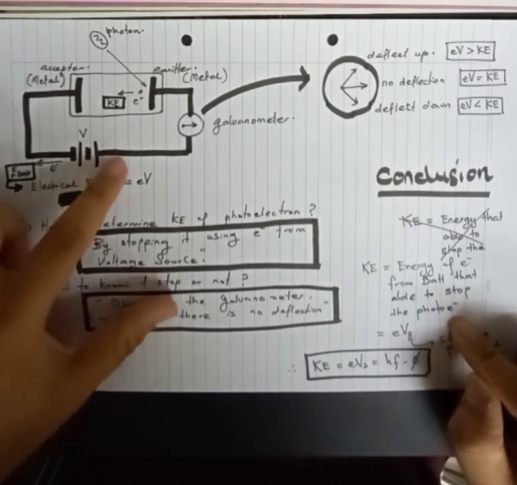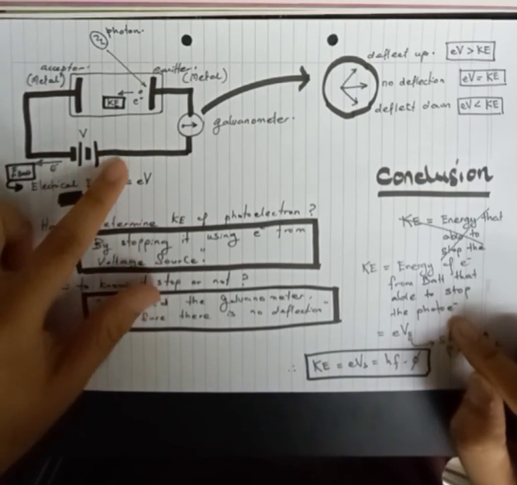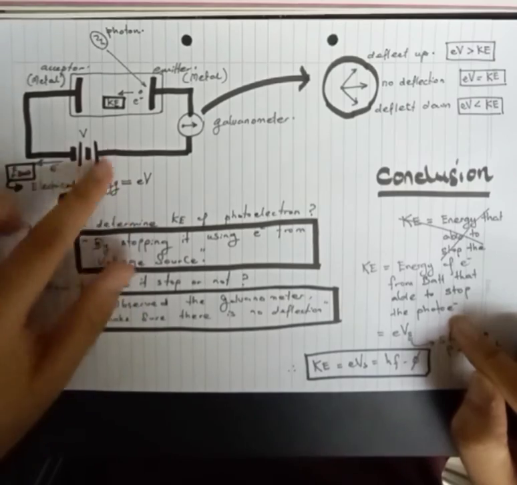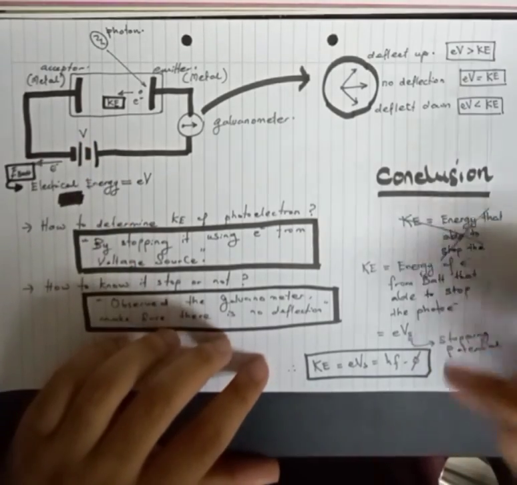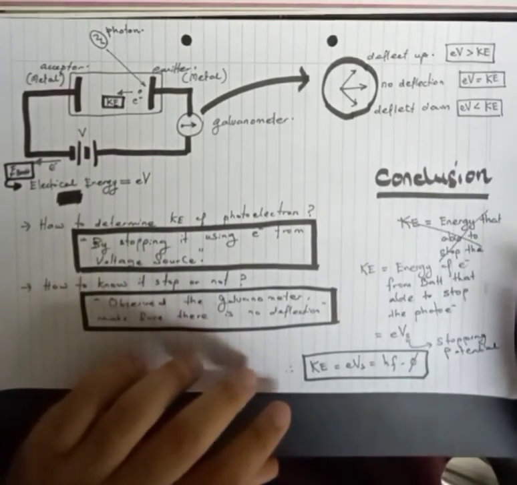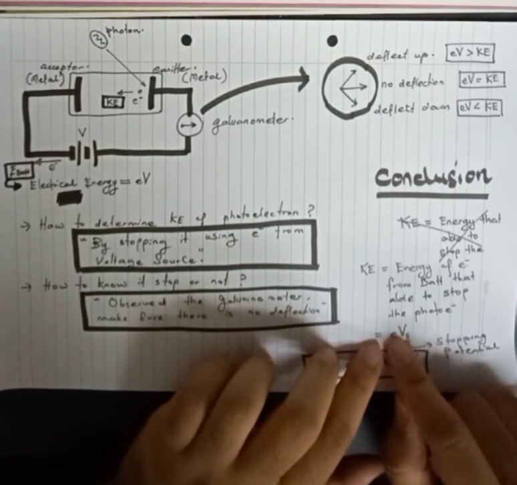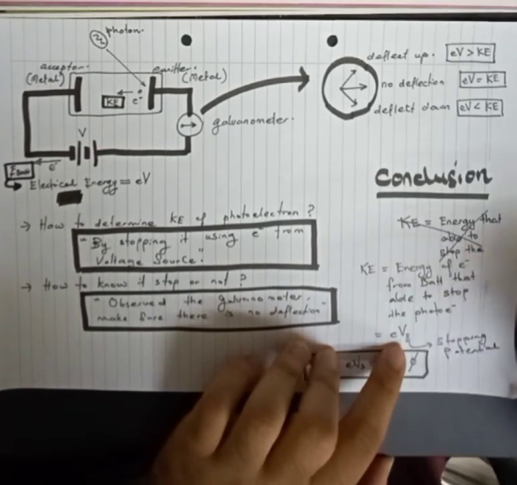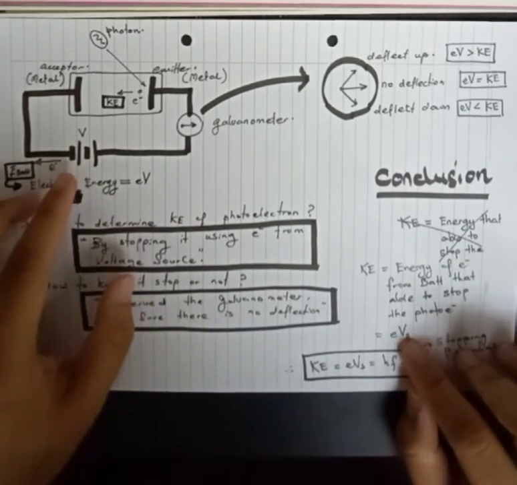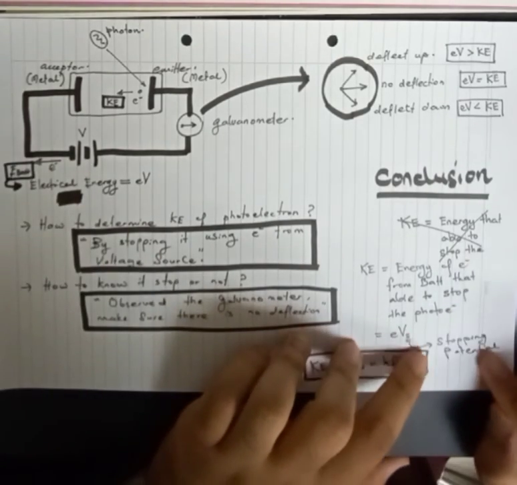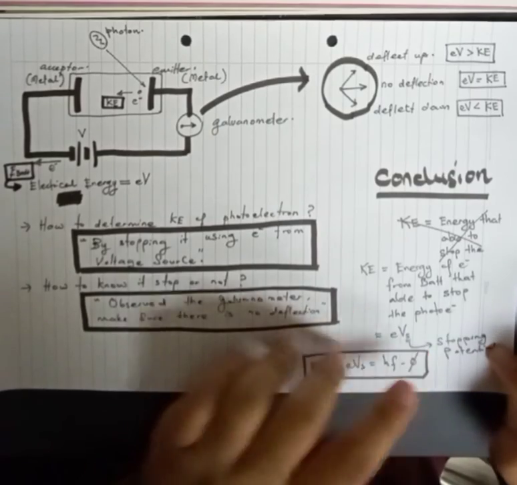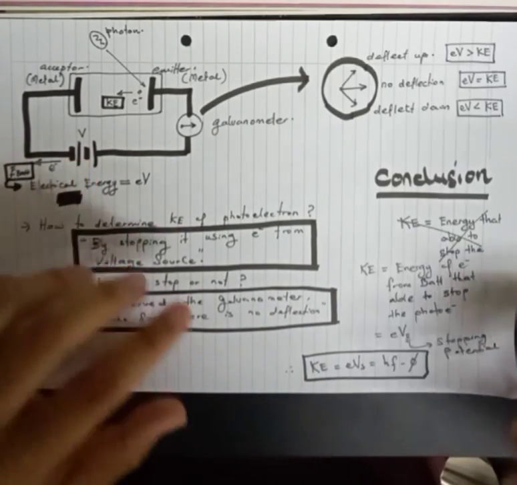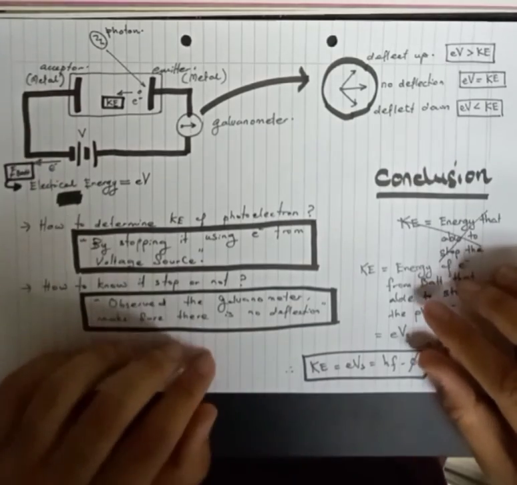The energy supplied by the battery, if the electron is able to stop the photoelectron, will equal the kinetic energy of the photoelectron, which we write as eVs. The subscript s stands for stop. Okay, so Vs is called the stopping potential, which is the voltage of the battery that is able to stop the photoelectron.